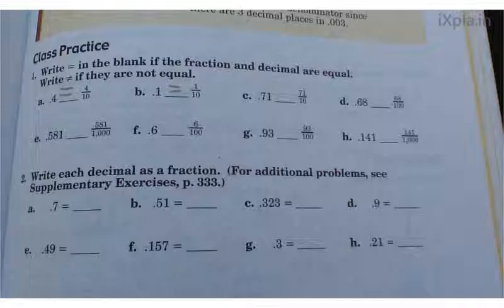C, 71 hundredths is how we read the first side. And it says 71 over 10. This does not equal. D, 68 hundredths. And 68 over 100, that's 68 hundredths. This does equal. E, 581 thousandths. And then 581 thousandths, that one equals as well.